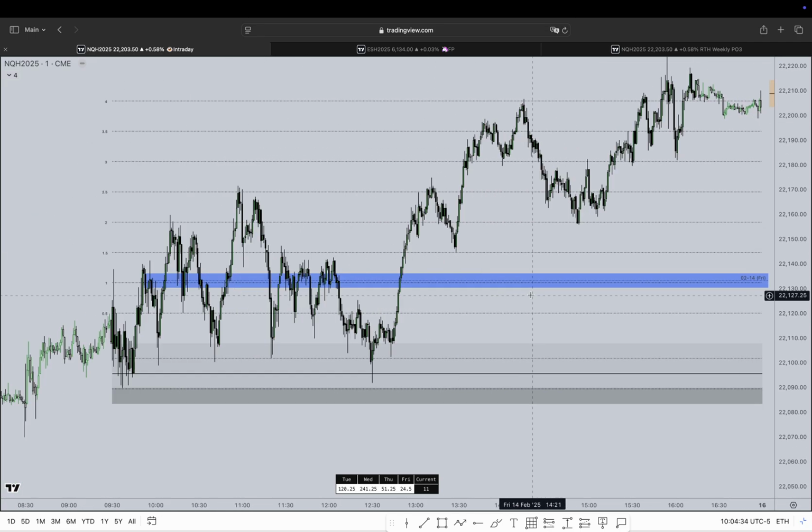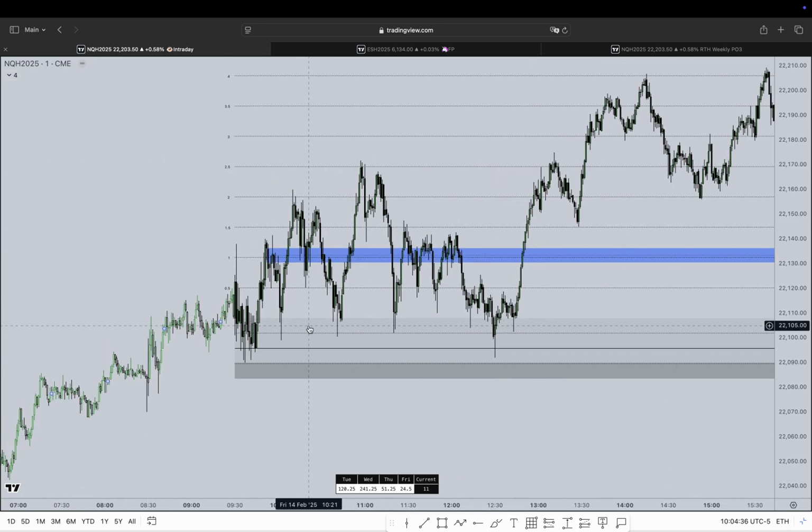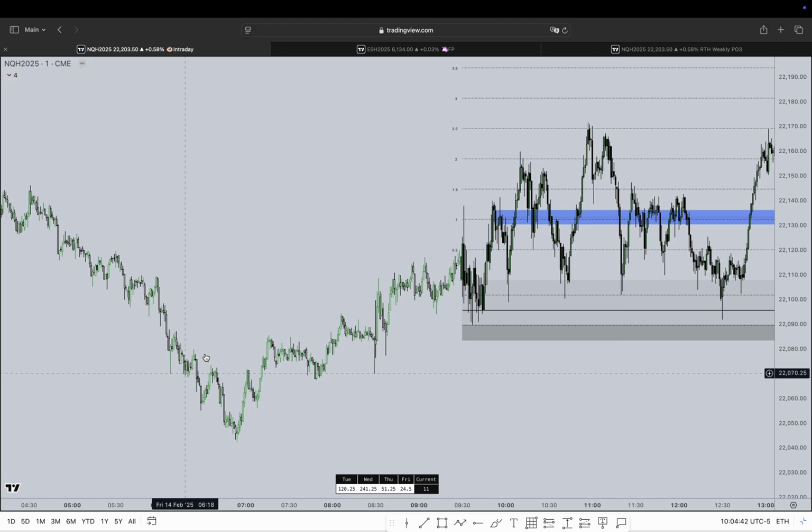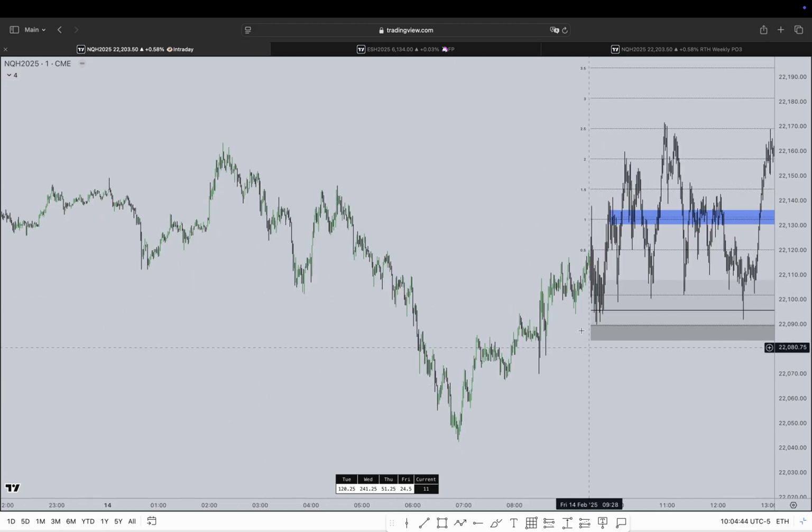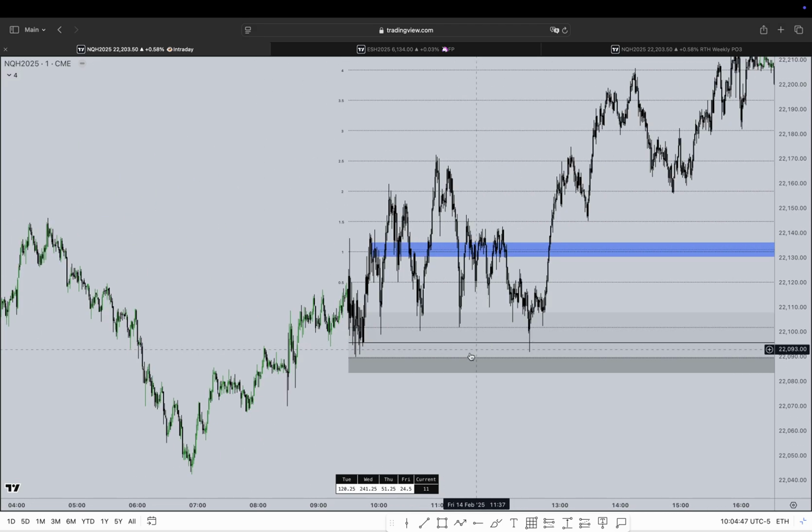On this monitor, I only have the 1-minute chart, the first presentation, and my indicator to see the overnight price action and the regular trading hours.